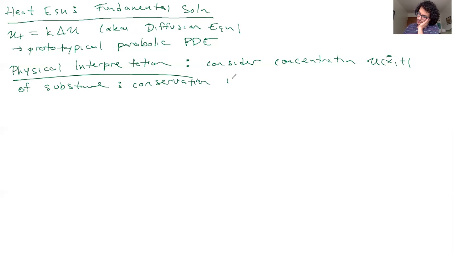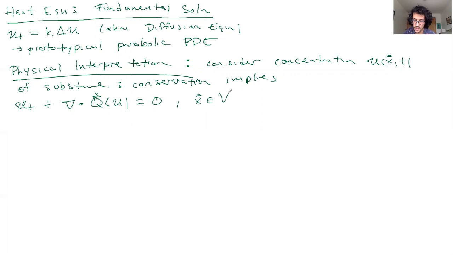Conservation implies the following, essentially that u_t plus the divergence of q(u) is equal to 0, where x is in some volume.